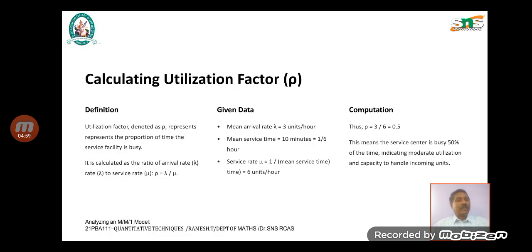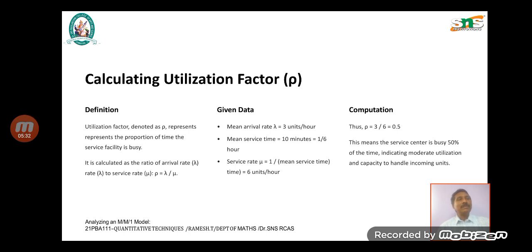Calculating the utilization factor. The utilization factor is denoted rho. It represents the proportion of time the service facility is busy. The arrival rate is lambda and the service rate is mu. Therefore, the utilization factor rho is equal to lambda by mu. Given data: mean arrival rate lambda is equal to 3 units per hour. Mean service time is equal to 10 minutes, that means 1 by 6 per hour.